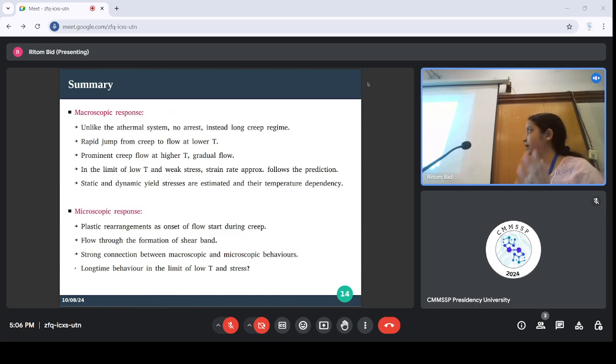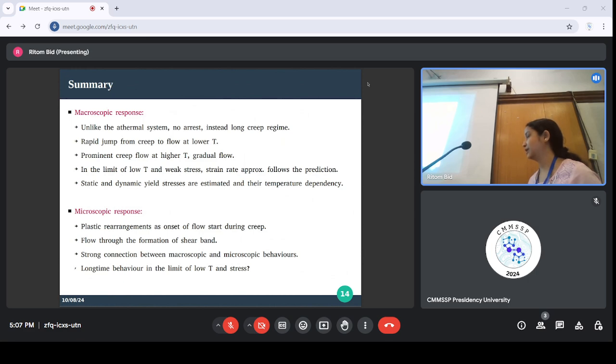The analytical prediction of the strain rate decaying with inverse of time, we observed that our model follows that either in the limit of low temperature or in the limit of weak stress, and both the static and dynamical yield stresses decrease with temperature. And from the microscopic response, we observed that plastic rearrangements, which can be considered as onset of flow, start already during the creeping regime, and the system flows through the formation of a shear band, and we found a strong connection between the macroscopic and microscopic behaviors.